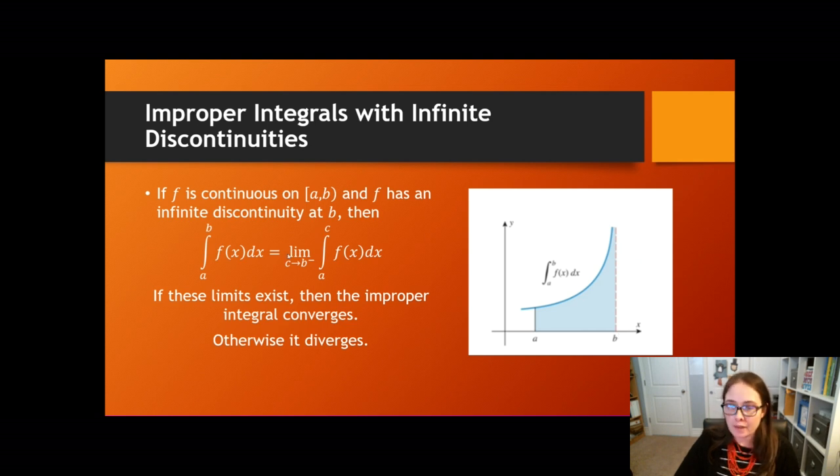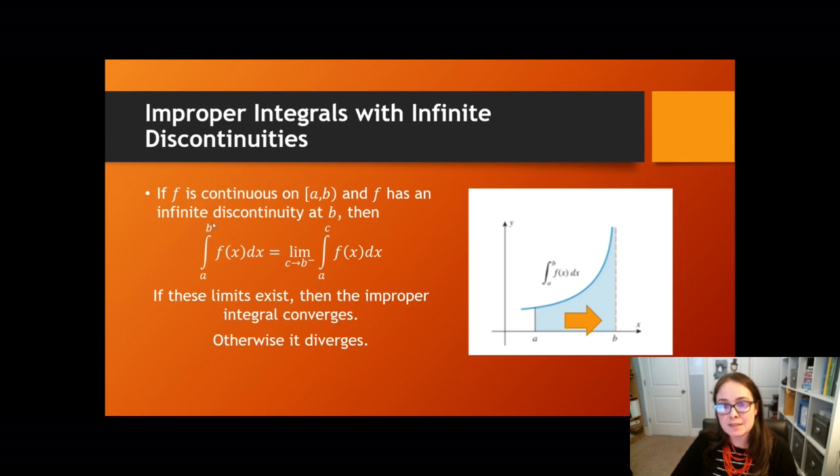And how I deal with that is I do a limit again, only this time I'm going to do a one-sided limit. This usually doesn't end up mattering too much, but it is a technicality that should be accounted for in your problem. We're taking a limit from inside the interval, so that means I'm coming at it from the left side. So that's why I have this b minus here. This is a left-handed limit.